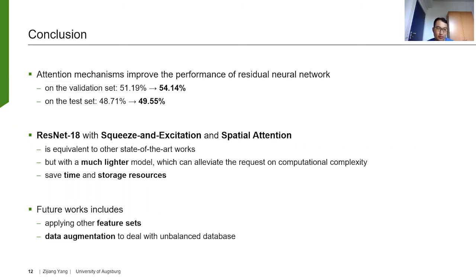Our future work includes applying other feature sets, because the state-of-the-art works use several different kinds of feature sets, and data augmentation should also be tested to deal with the unbalanced database.